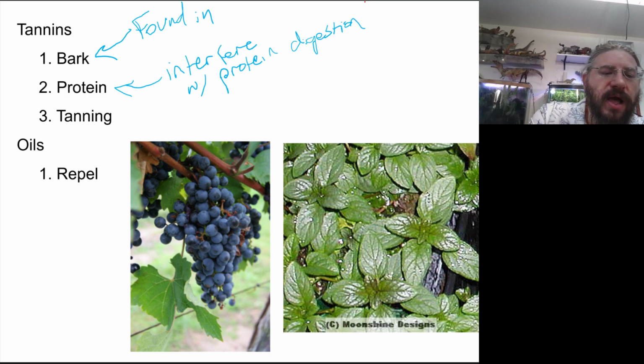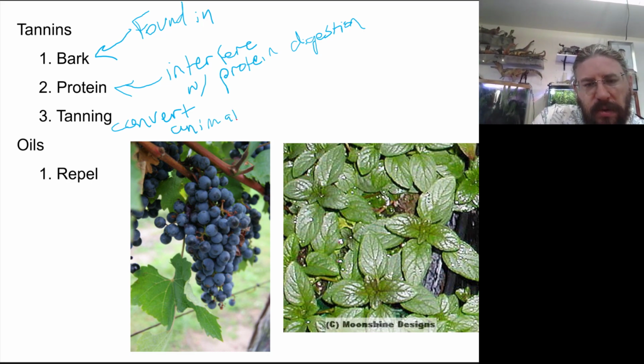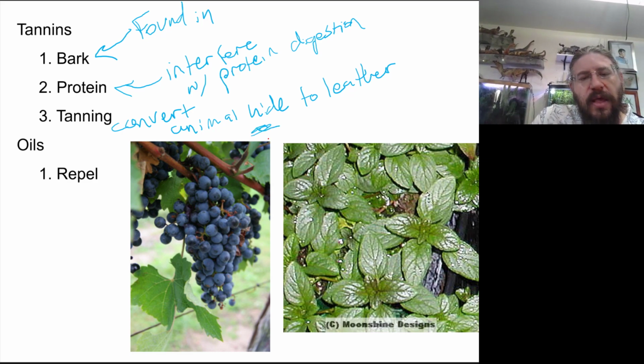You can convert raw animal hide to leather, and that's called tanning. Leather is much more resistant to decay and durable than just hides.